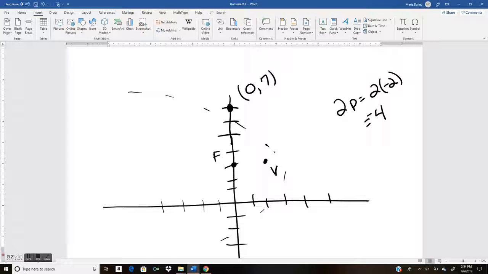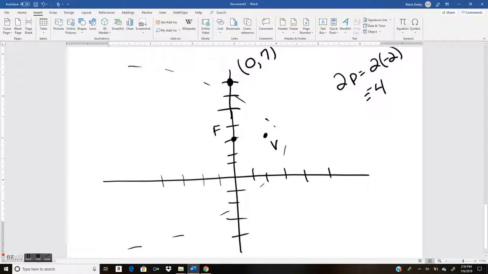0, 7, and then 4 units down. So 1, 2, 3, 4 puts it right there. So 4 units down, the other point of my latus rectum is going to be 0, negative 1. So there's my points there. Now at this stage, I can go ahead and play everybody's favorite game of connect the dots.